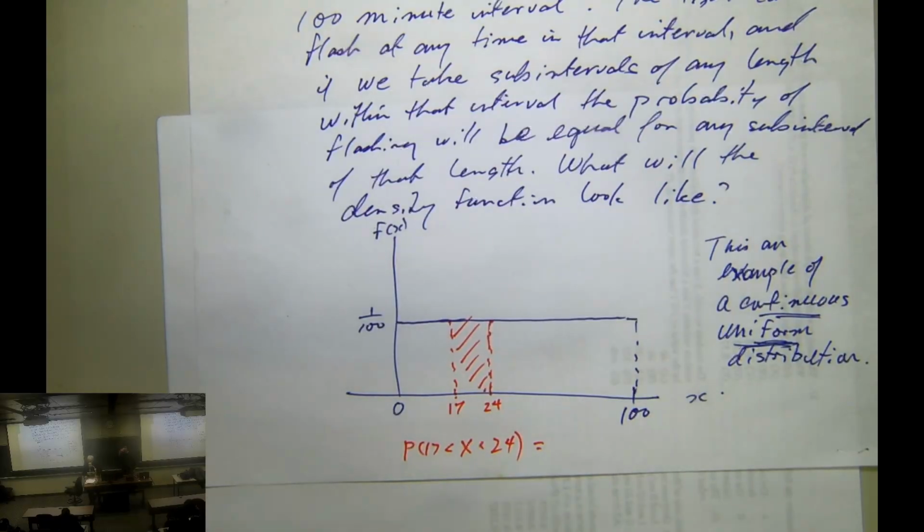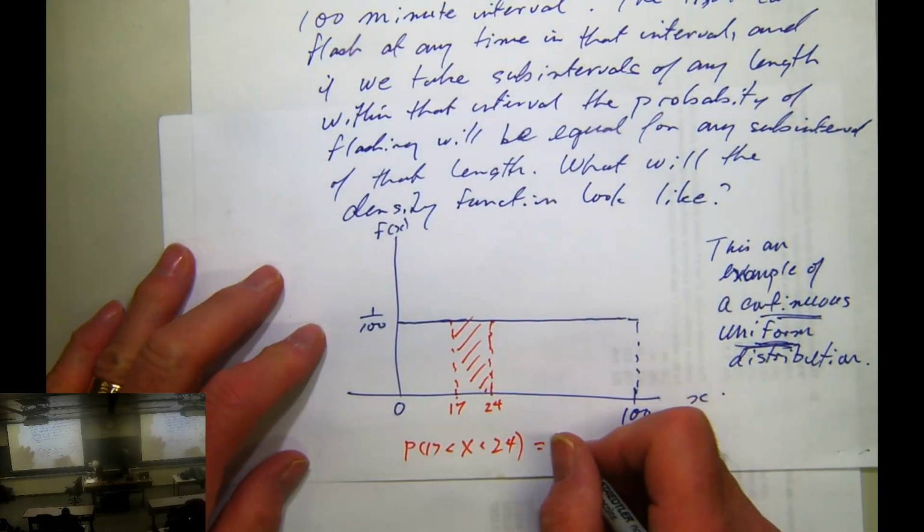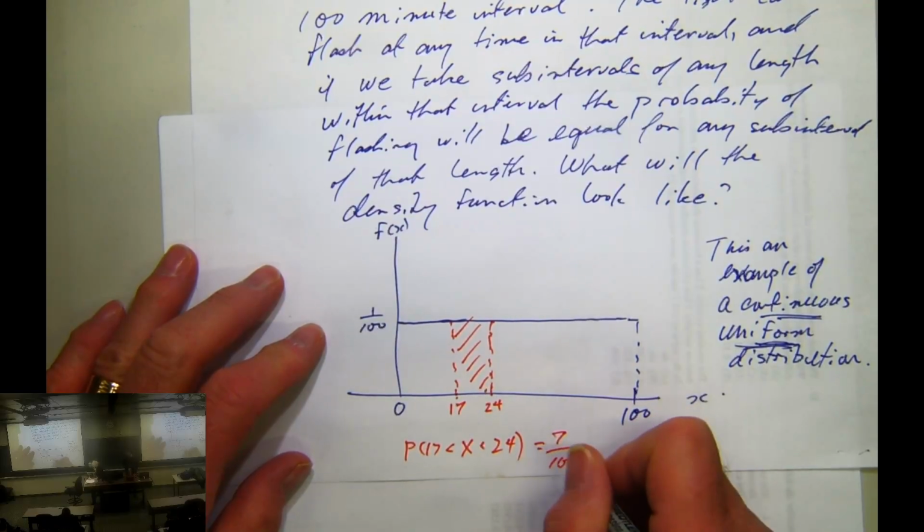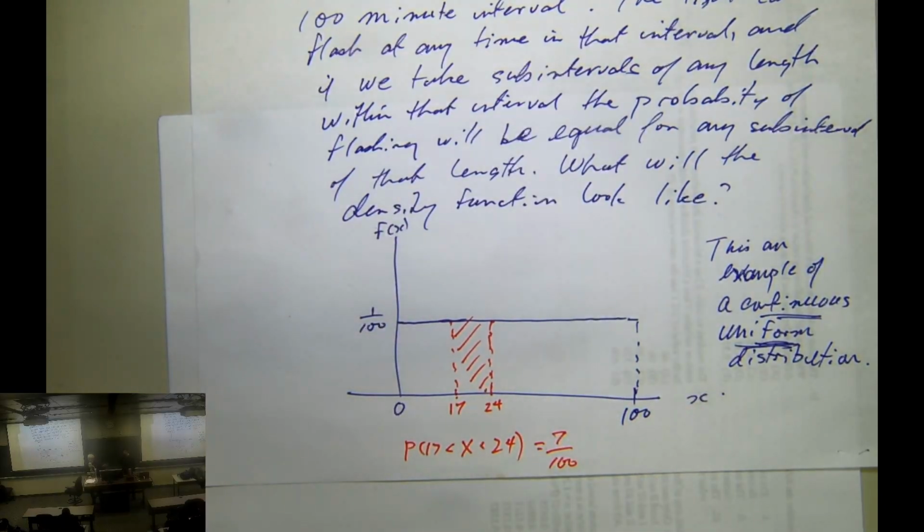Give me an answer. 7 over 100, right? We won't go over how to get that. Anybody foggy as to why that was 7 out of 100?